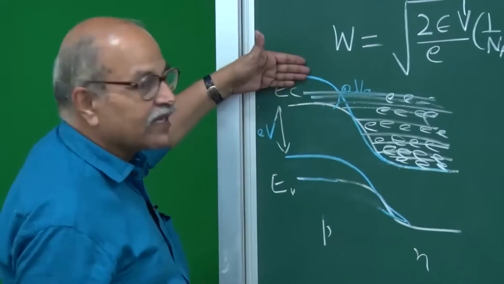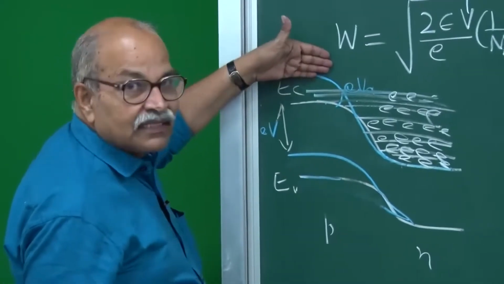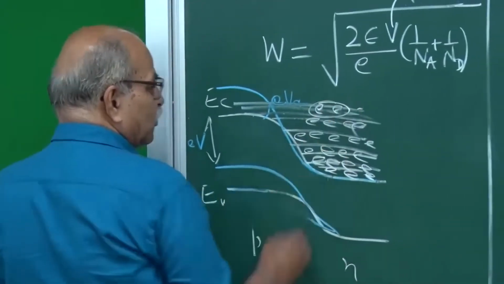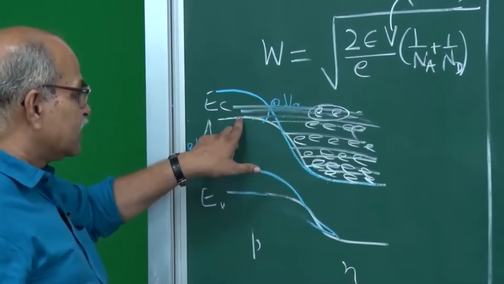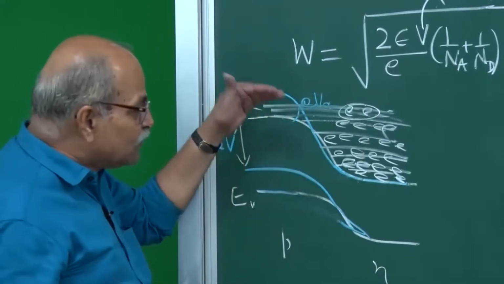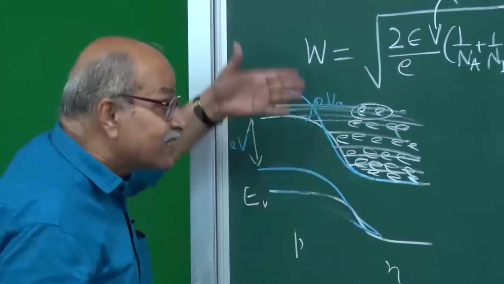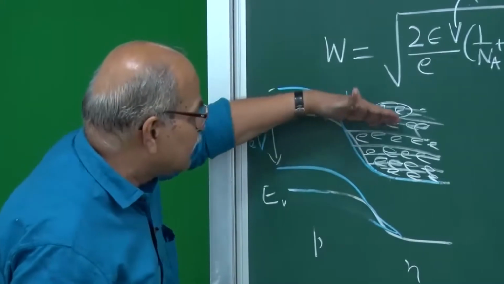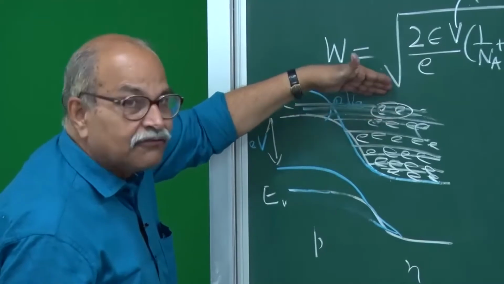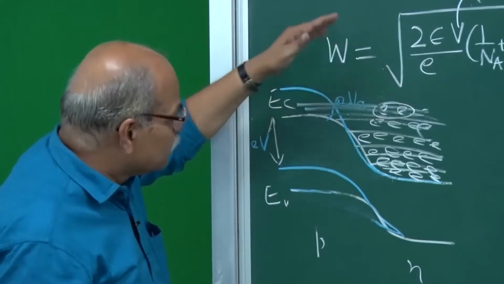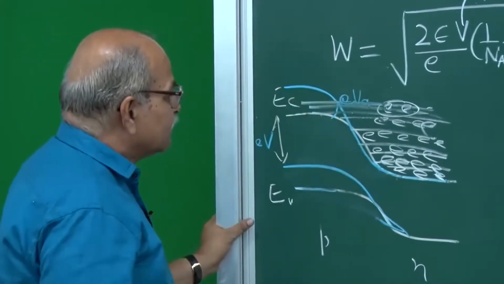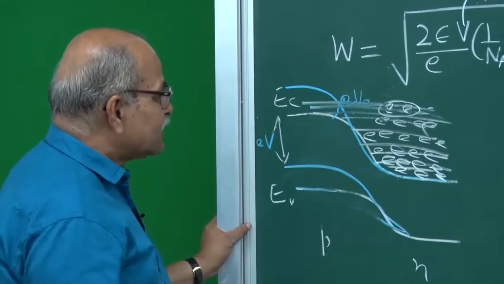And if you reverse bias, if you increase the barrier, then this diffusion will be further stopped, because now this will not go. Originally when your EC was here, this could have gone, but now that EC is here, this will not go. So the diffusion will decrease drastically, because as you go up, the availability of electrons here falls drastically. So diffusion current will decrease drastically in this reverse bias.